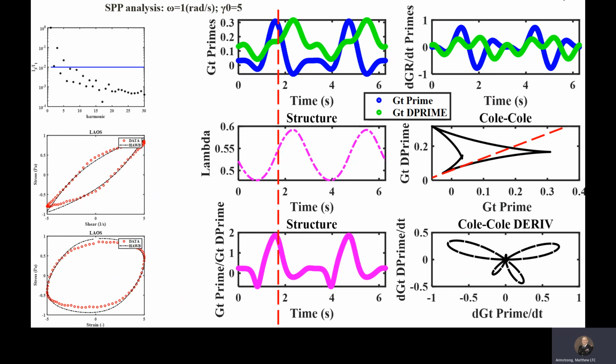In the very first figure shown, we see G_t prime, our metric of solid-like, elastic behavior. Underneath it is lambda, or our current value or level of structure.